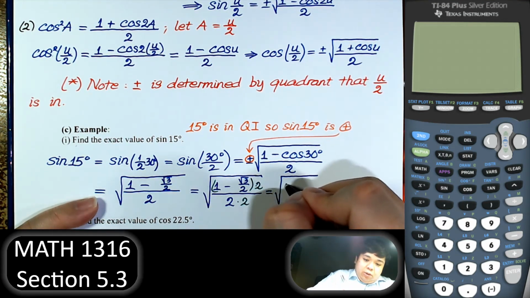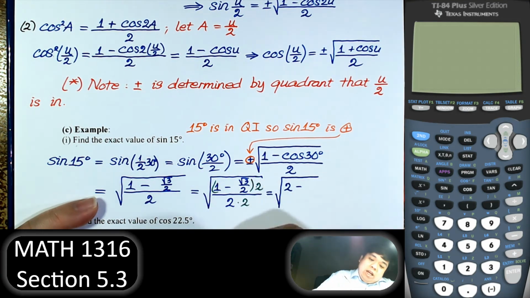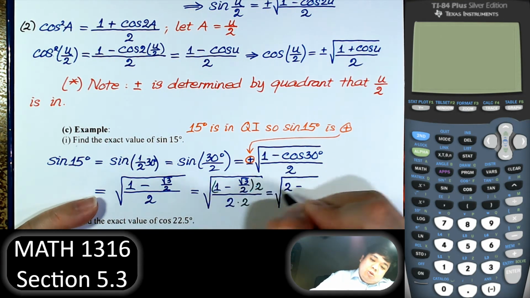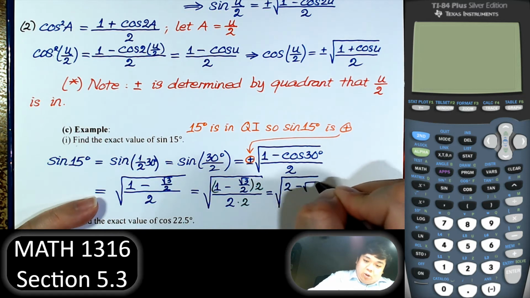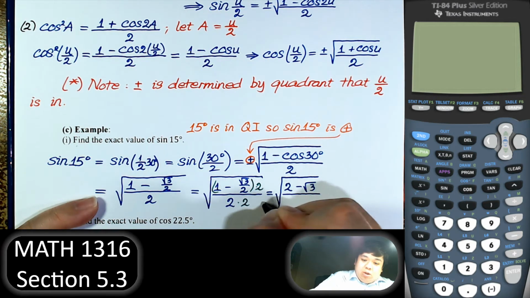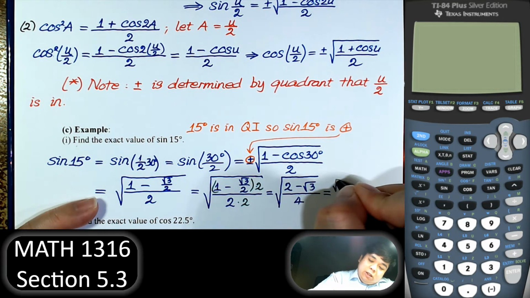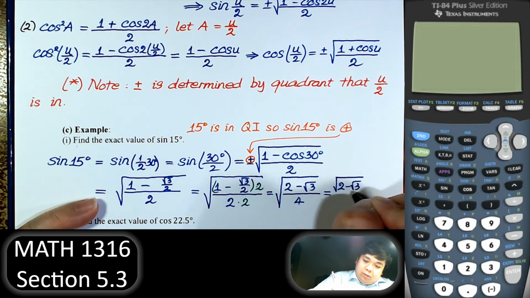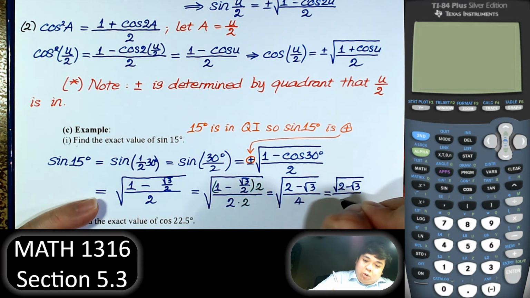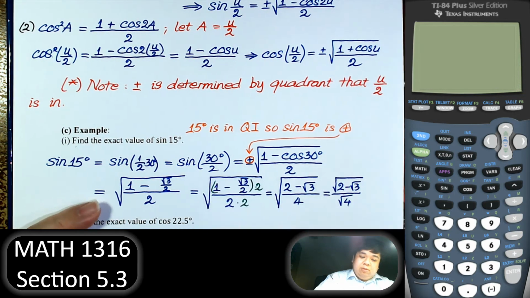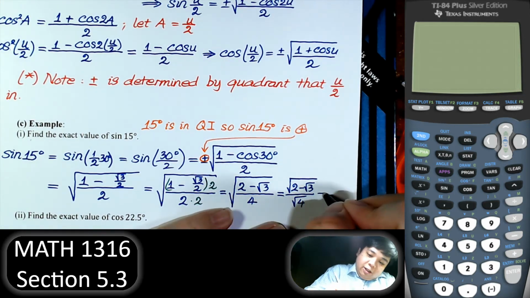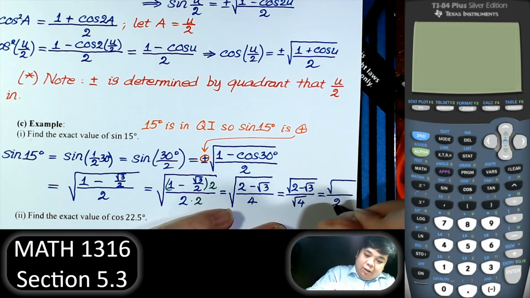So 2 times 1 is 2, and we have square root of 3, and at the bottom 2 times 2 is 4. It is convenient that we split the square root: square root for the top, square root for the bottom, and that gives us 2 at the bottom. Square root of 2 minus square root of 3, over 2.